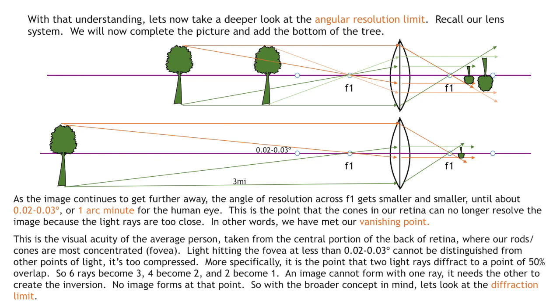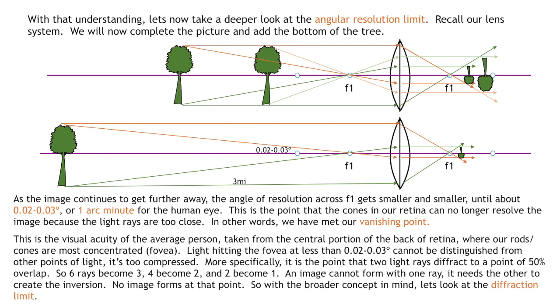So with that understanding, let's now take a deeper look at the angular resolution limit. Recall that we have a lens system, and we will now complete that picture and add the bottom of the tree. So before we were just looking at two rays of light coming off the top of the tree. We're now going to put the bottom of the tree on, and we'll look at the two rays coming off the bottom, and that completes our picture of our inverted image behind the lens, which is then projected onto the retina.